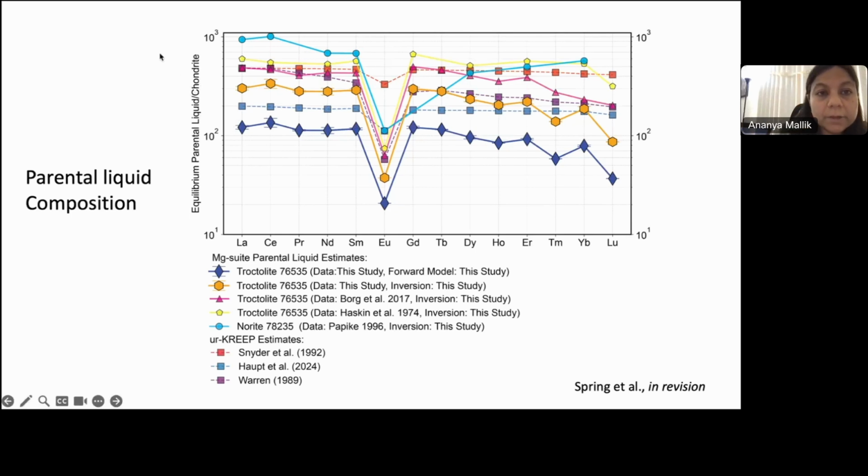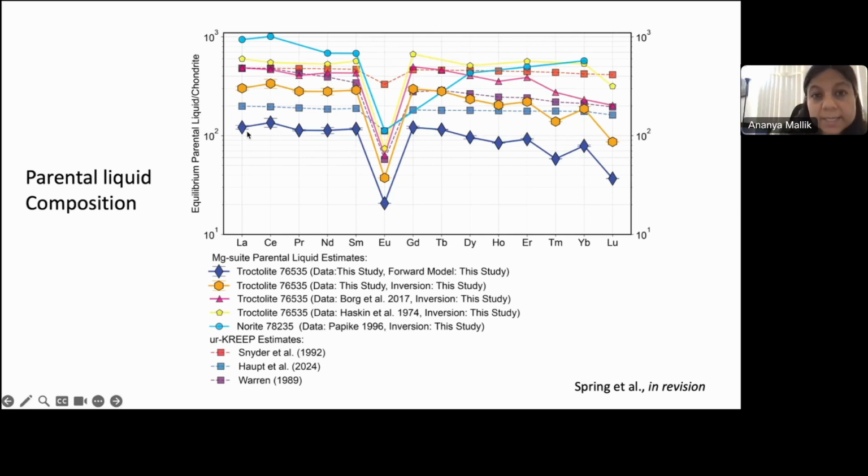And then these other solid lines show the liquid that was coexisting with the plagioclase that was calculated by Isaiah using data that was published by previous studies. And then for reference, all these dashed lines in the background are different earth creep compositions.